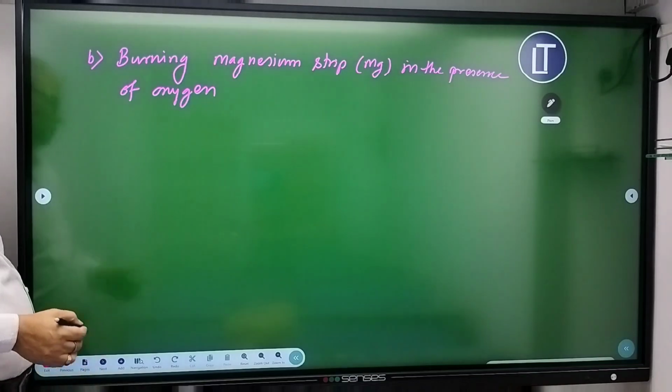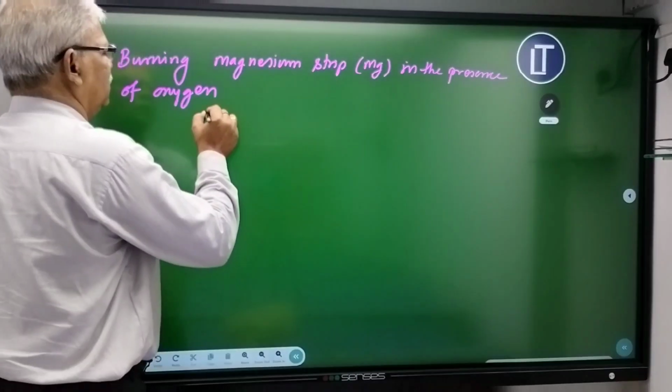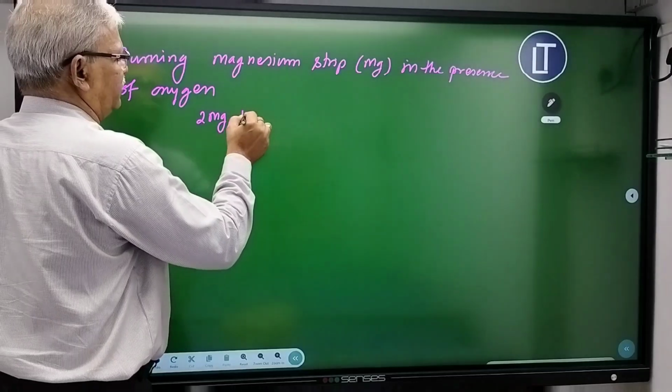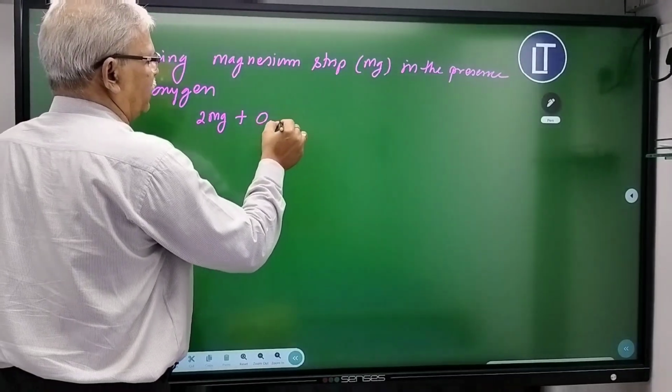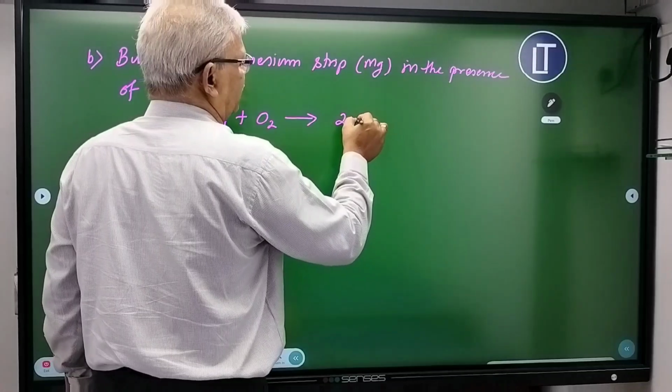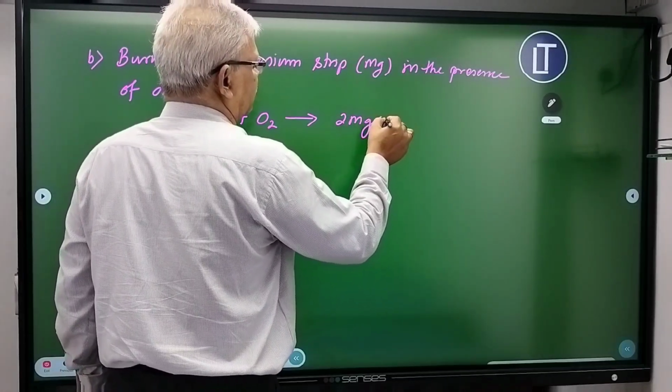Okay, here magnesium, Mg, combined with oxygen forming magnesium oxide.